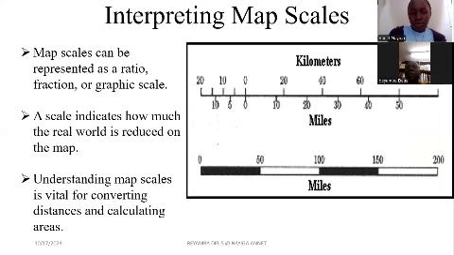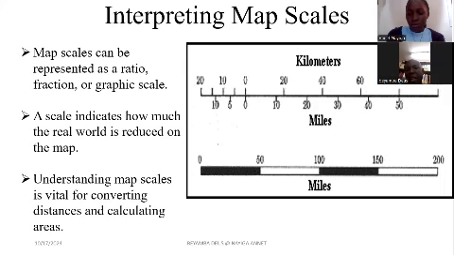Now, interpreting map scales, as we have seen in the previous video clip, after measuring, let's say, an irregular object, you transfer the element you have done to the map scale, then you measure it. And these scales are either in kilometers or miles. There are some map works that you will find are in feet.